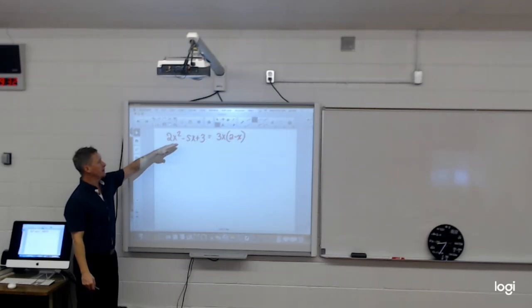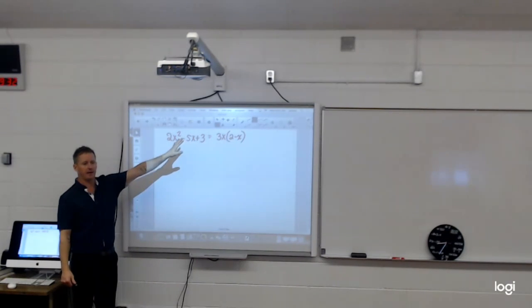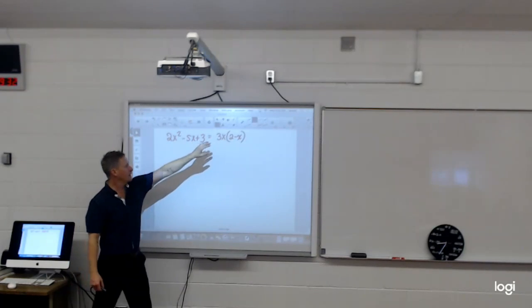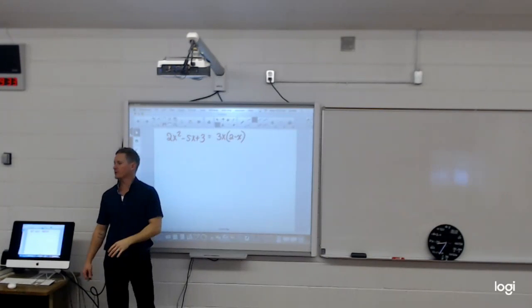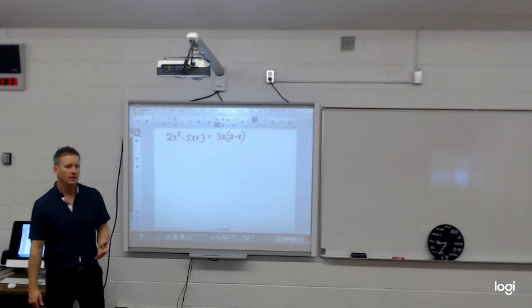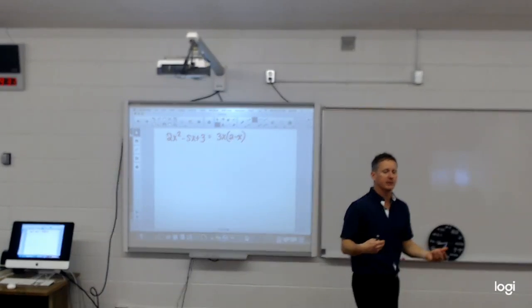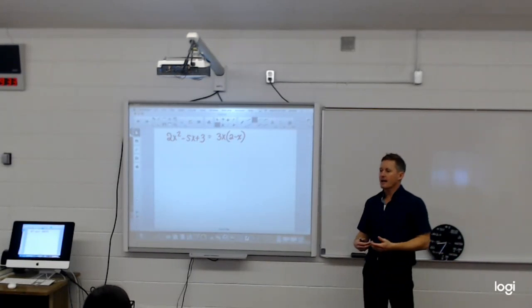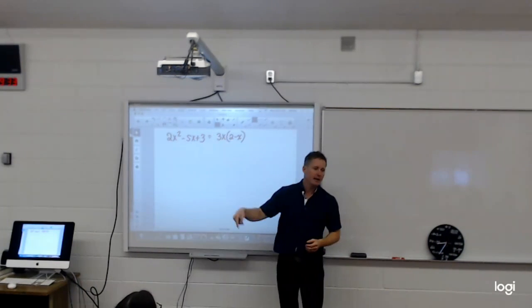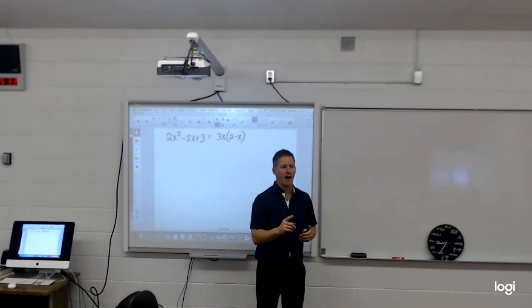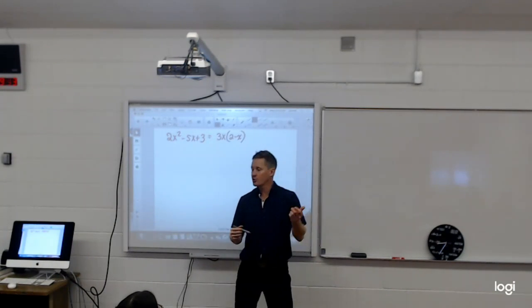The first way would be to graph this side and graph this side and find out where the intersection points are. We'll do that and make sure it matches up. The second way is to get it all equal to 0 and then find your roots from one graph. So I want to start with that.